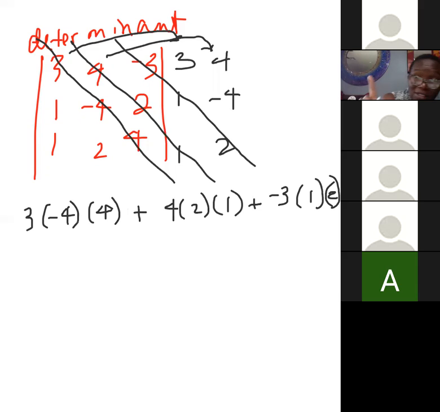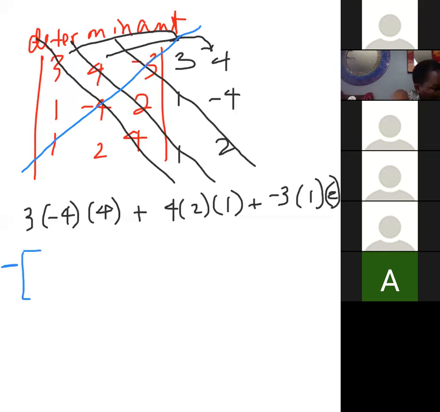Okay, we're not done yet. Now I am going to subtract. I did the diagonals along the main diagonal in a downward process, and now I'm going to go upwards.